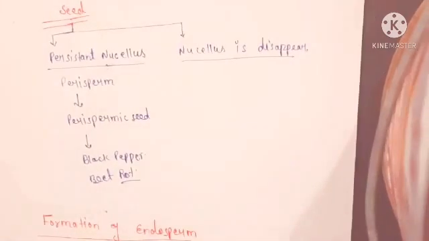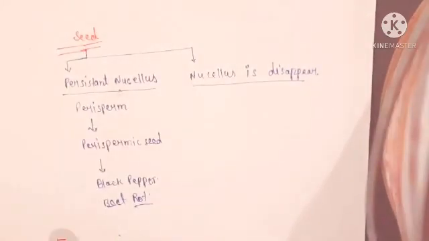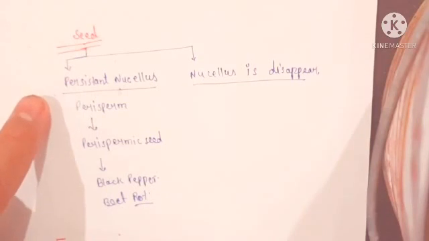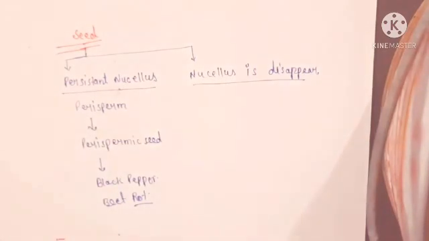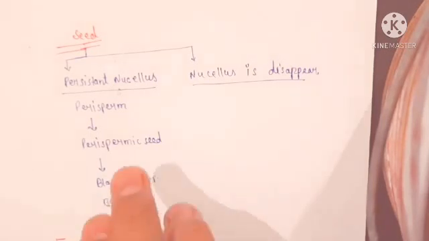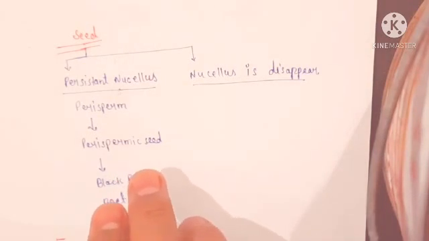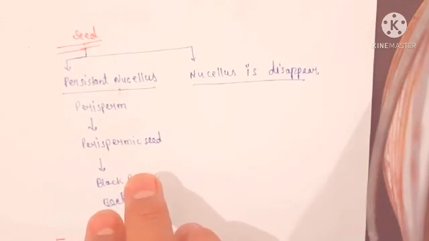After that, friends, we will discuss the seed. Seeds are of two types based on presence or absence of nucellus. If the seed contains nucellus, it is called persistent nucellus, and this phenomenon is called perisperm, and that seed is called perispermic seed.